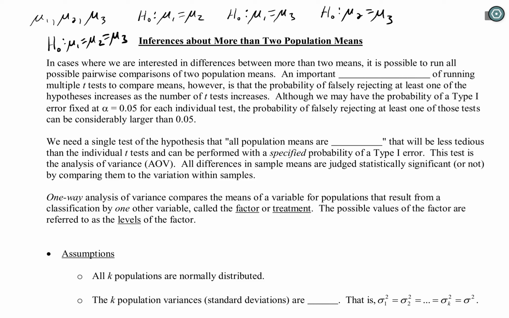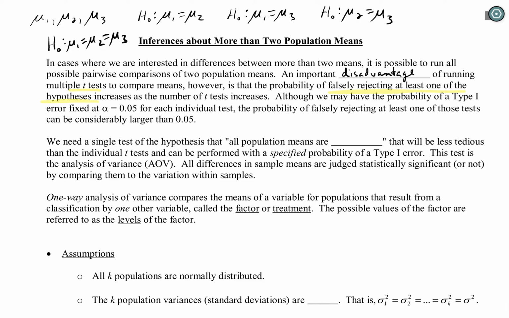Okay, so it turns out you can do that. You can run all possible pairwise comparisons, but an important disadvantage of doing that is that the probability of falsely rejecting at least one of the hypotheses increases as the number of t-tests increases.